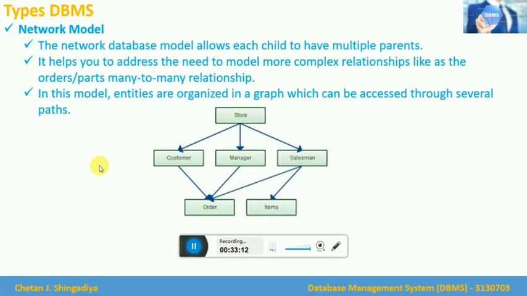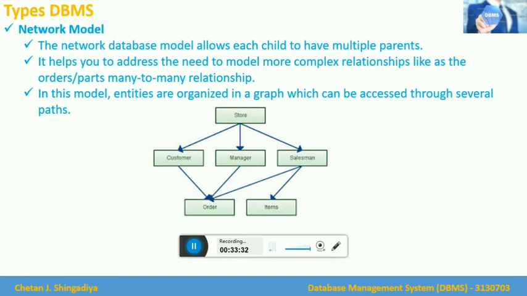Now let us understand what is network model, or we can say network DBMS. The network database model allows each child to have multiple parents. So it is quite opposite from hierarchical DBMS.